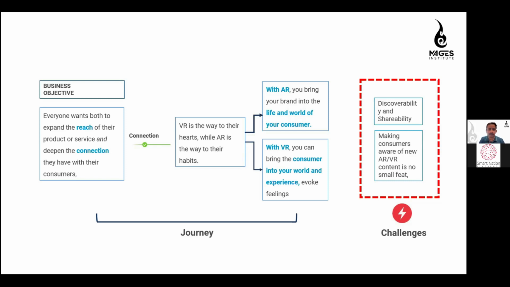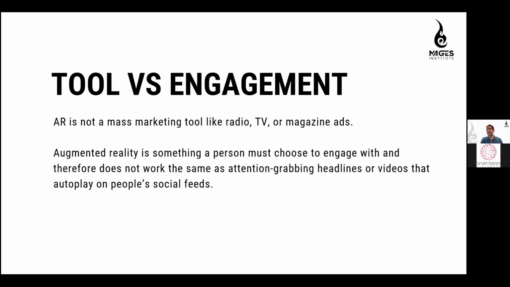Now, we have covered the recap session of what is AR, the types of AR, where it can be deployed, and always keep business objective in mind. Very important: AR is not a mass marketing tool like radio, TV, or magazine ads.